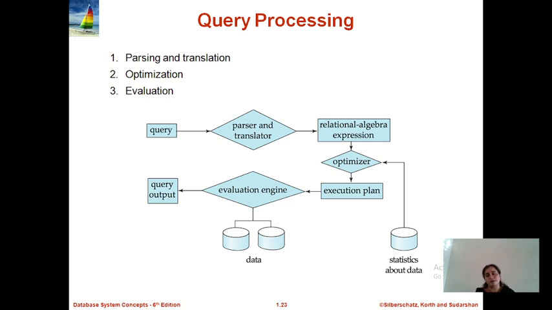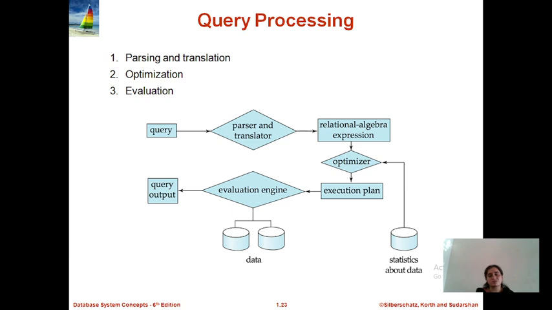If the optimizer wants any data, it accesses the data from the statistics of the database. The optimizer can access the data from the statistics of data, and after that it produces the execution plan.